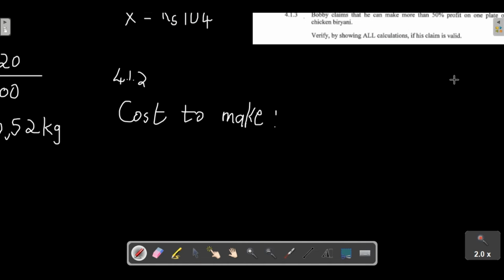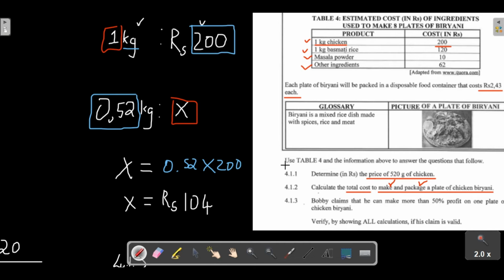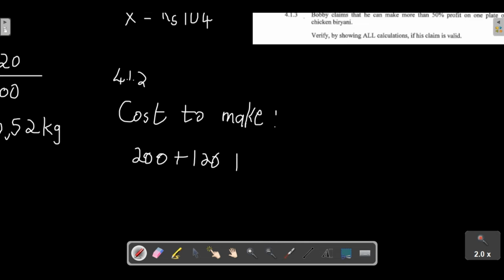So it's 200 plus 120 plus 10 plus 62. Okay, and the answer, let's add that, 200 plus 120 plus 10 plus 62. That is 392 rupees, right?